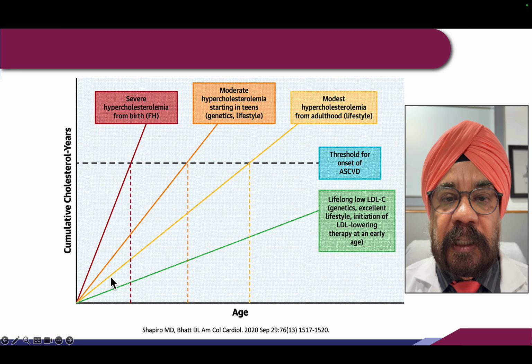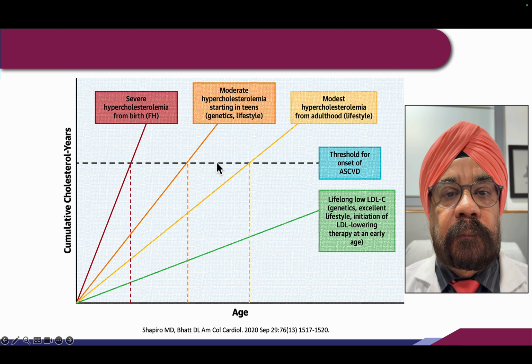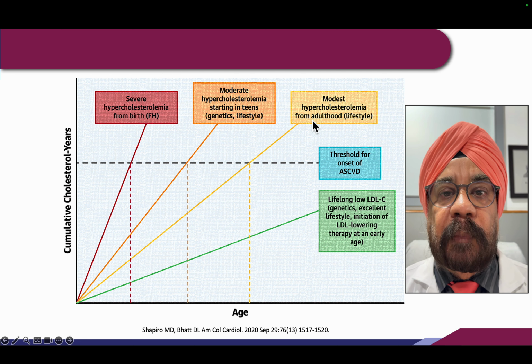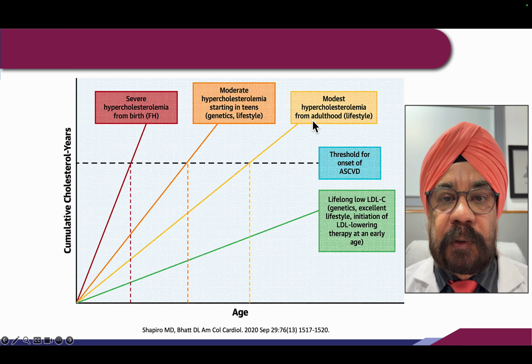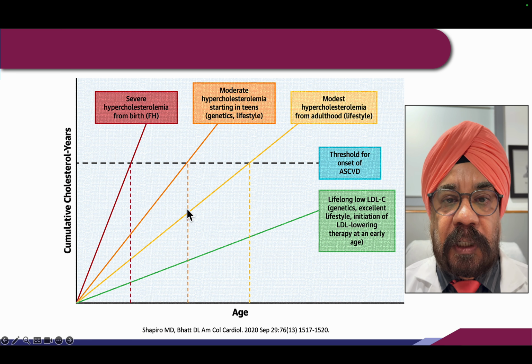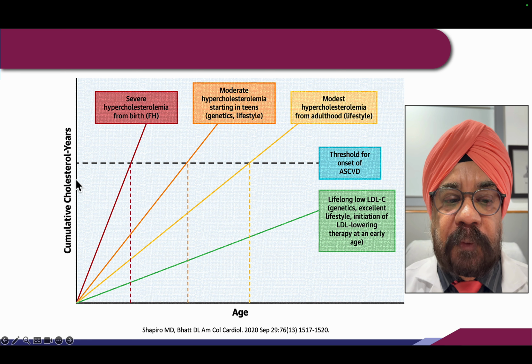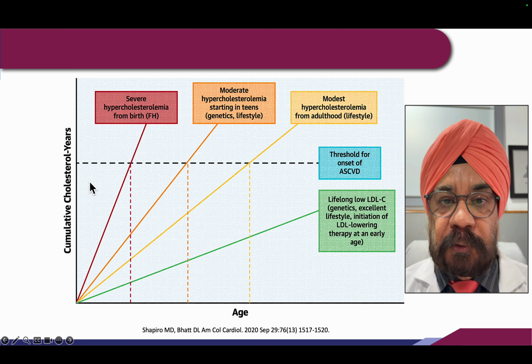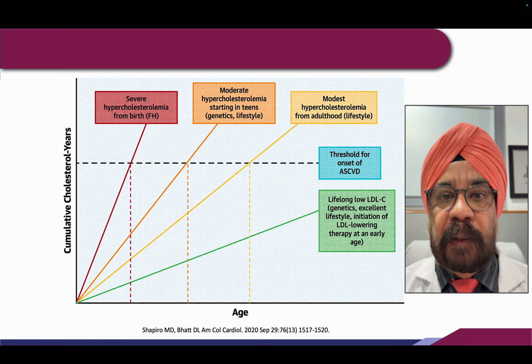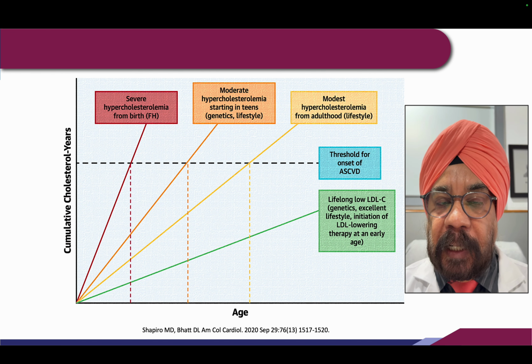Even if I have a mildly elevated cholesterol, after about 60 years I have crossed this cholesterol years margin and then become high risk to develop coronary artery disease. So this concept is important. Understandably, if I start statins or cholesterol lowering therapy early, I would prevent this cumulative cholesterol year period. I would buy more time in that format.